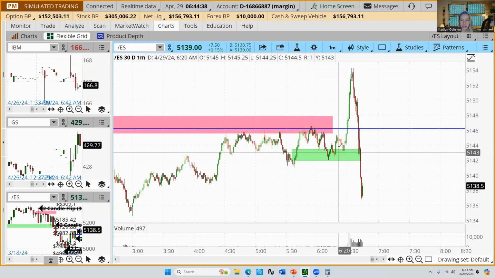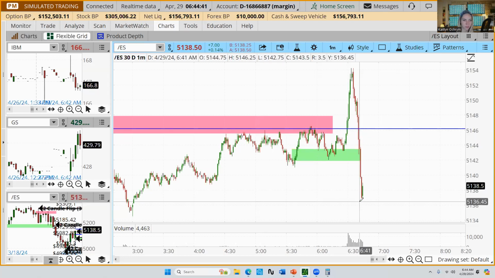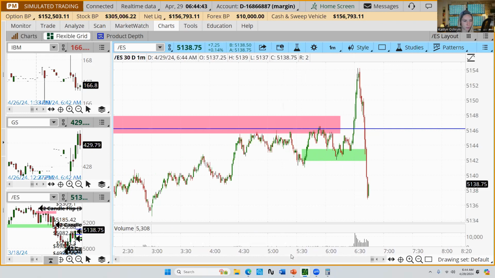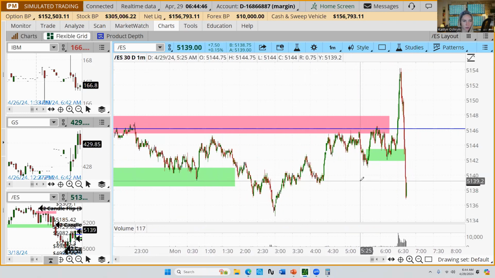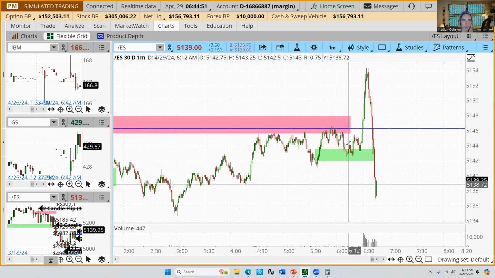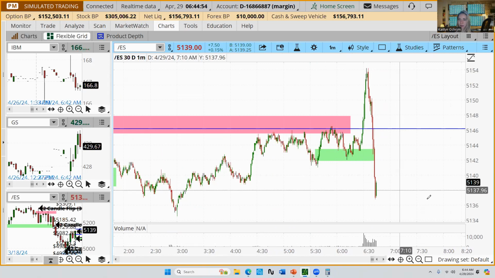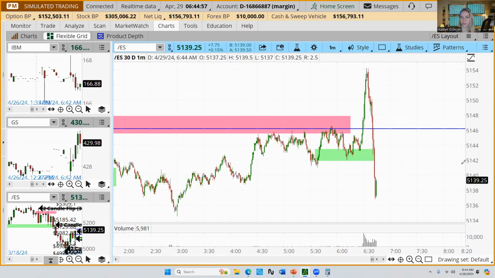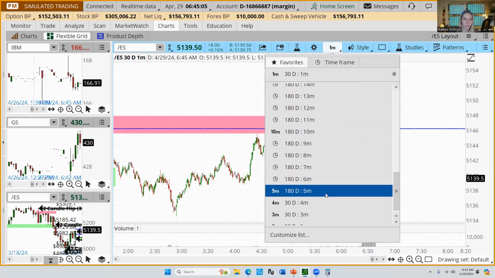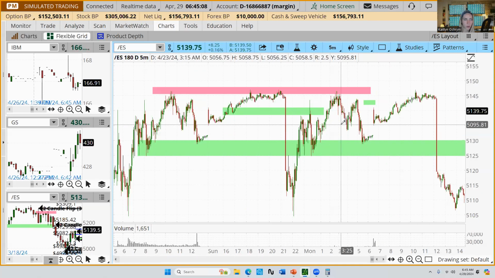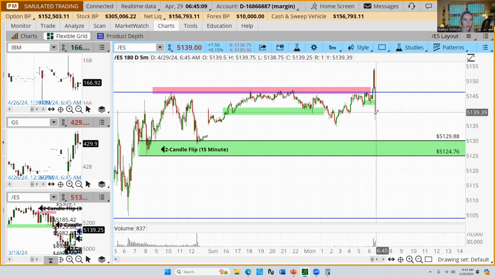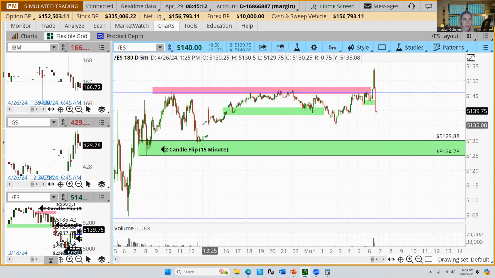Right here, we could see where we had that support breakdown. Now let's see. Next area of support. Not really seeing it. We're getting a little bit of a bounce up right now. Yeah, no real good entry for a breakdown at this point. Let's go up to a 5-minute. How about just waiting to find the right picture? And being a little bit trickier just because we do have that gap up from the overnight session.